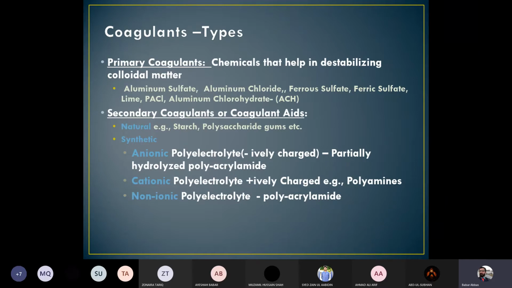Anionic include polyelectrolyte, partially hydrolyzed polyacrylamide. Cationic include polyelectrolyte, positively charged polyamines. Non-ionic include the polyelectrolyte polyacrylamide.